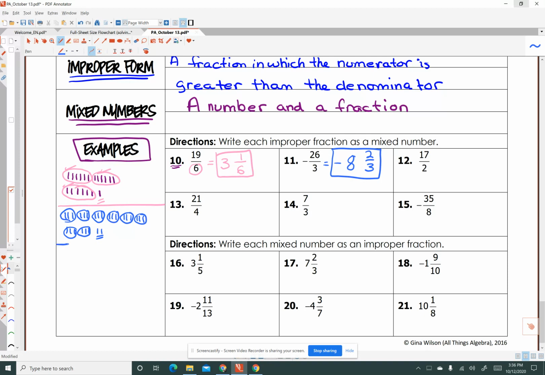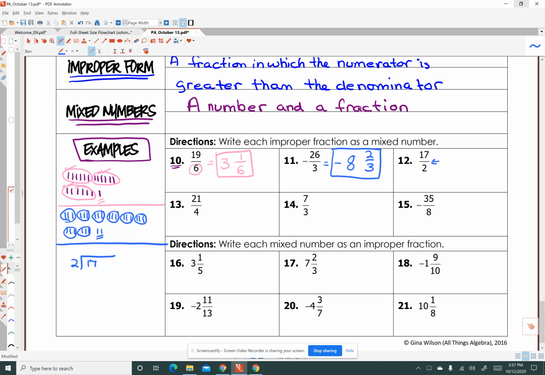Now, what is a graphical way, without drawing pictures, that we could convert these improper fractions to mixed numbers? Well, remember I said that when we see this fraction bar, this vinculum, what that represents is division. What that means is that 17 is being divided by 2. So how many times does 2 go into 17?